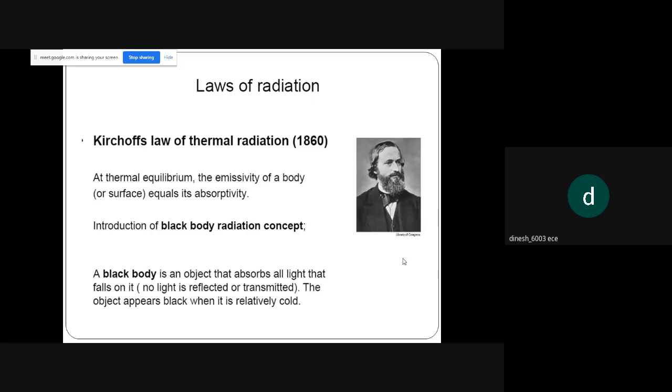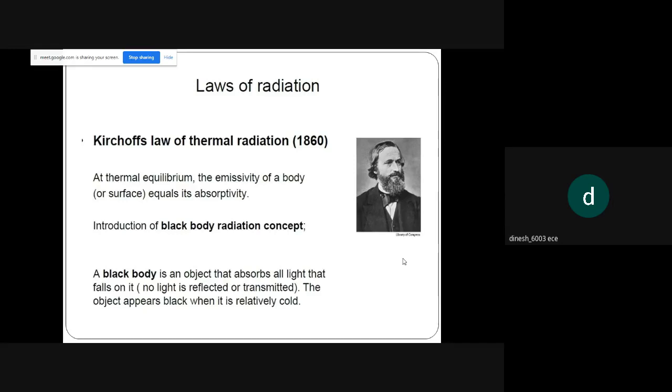Kirchhoff's law of thermal radiation, in 1860, stated that at thermal equilibrium, the emissivity of a body or a surface is equal to its absorptivity. This made a major breakthrough in determining the laws of radiation, which introduced a concept called the black body radiation concept.